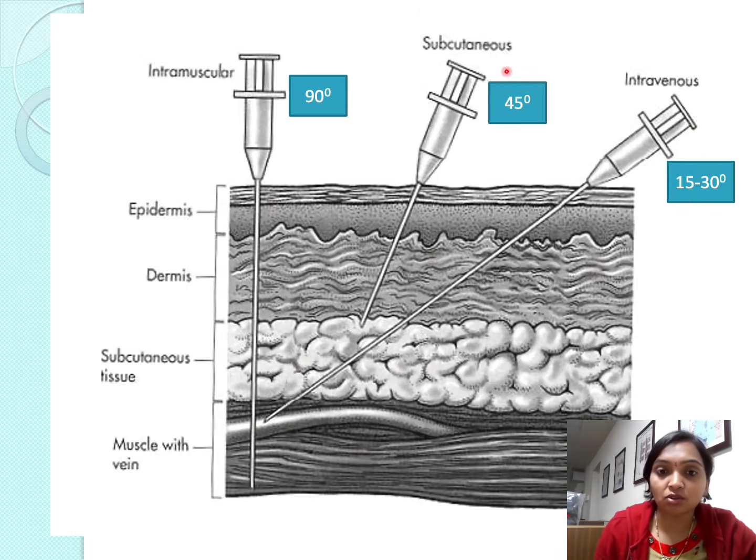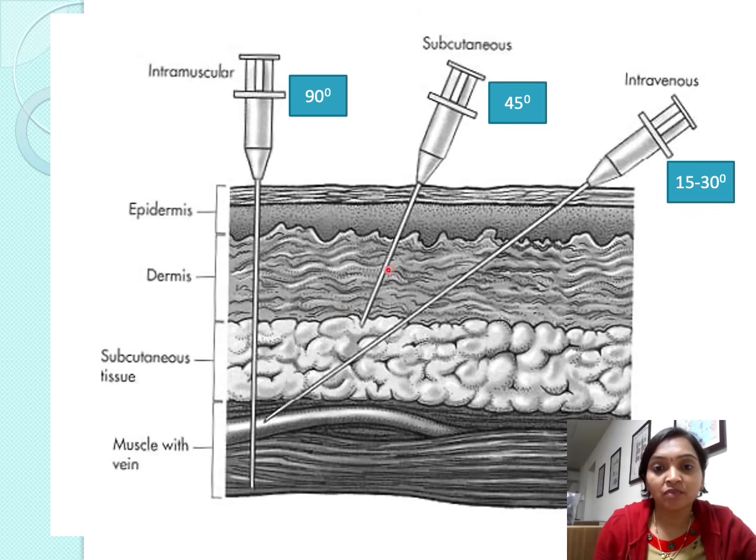And then coming to the commonly used subcutaneous route, as the name suggests, it is into the subcutaneous layer of the skin, which is here. This is the subcutaneous layer of the skin, and the angulation is 45 degrees. Usually we will pinch the skin with the left hand, and with the right hand the injection is given at a 45 degree angle.